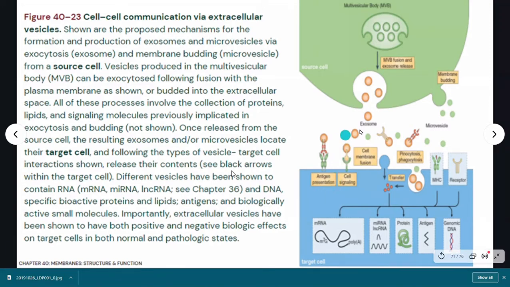So these are different materials, no? It depends now on what surface or what receptors they will bind, and the corresponding reaction of the cell once they bind to the receptor.